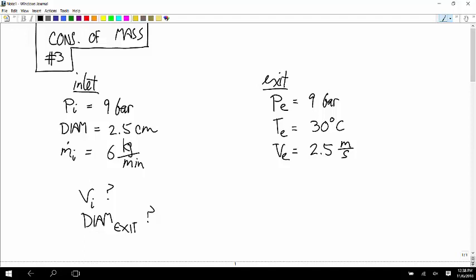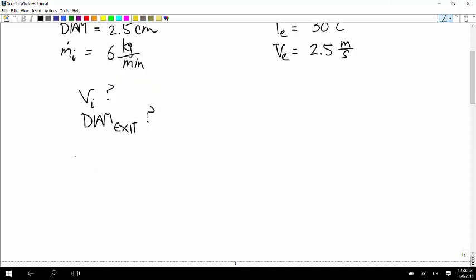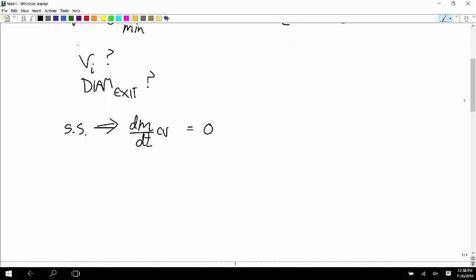It's steady state. So steady state means that dm/dt in the control volume is 0, and so the mass flow rate at the inlet is equal to the mass flow rate at the exit, which is equal to m dot.